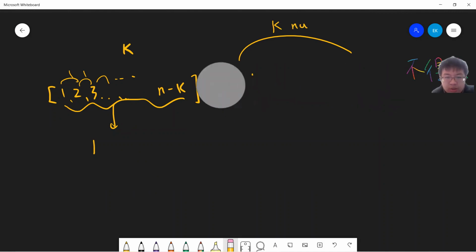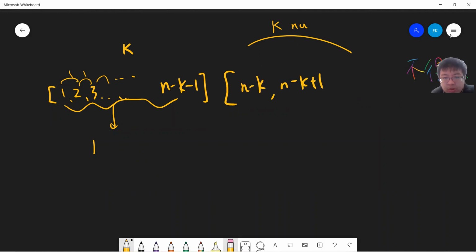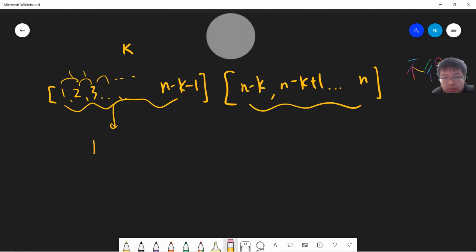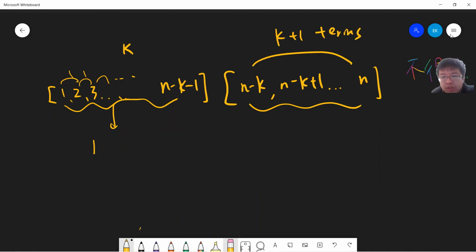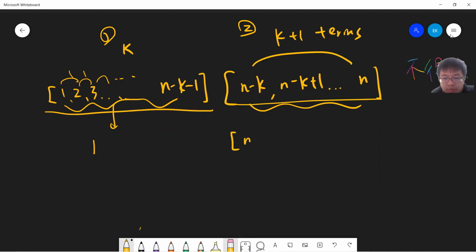Sorry, let me just do this. I think the first part should end at n minus k minus 1, and the second part is n minus k up to n, so in total I have k plus 1 terms. If I use the first case on the first part and the second case on the second part, I fix the first, and I permute the second: n minus k, n, n minus k plus 1, n minus 1, and so on.